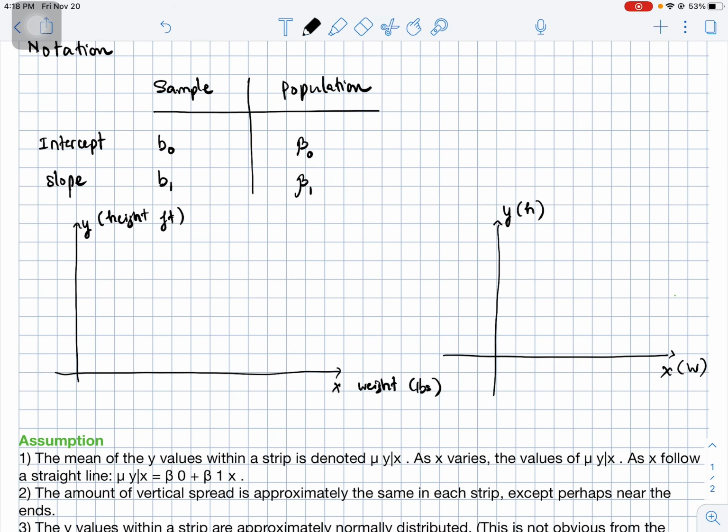If we're talking about the weight and the height of the people in the whole world, we have billions of people. So let's assume that the data are like this. This includes the young, the old people, female and male, everybody. Okay, so let's say we have billions of data.